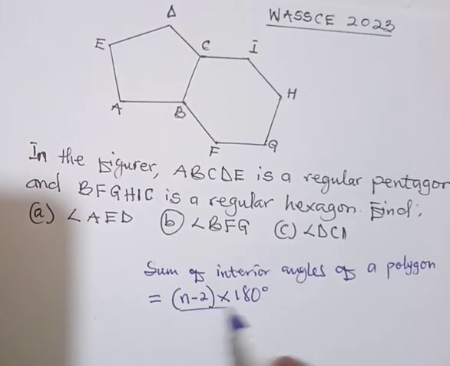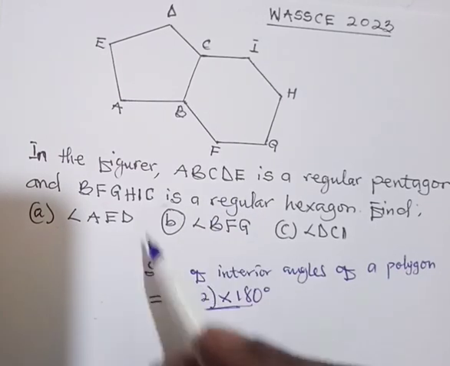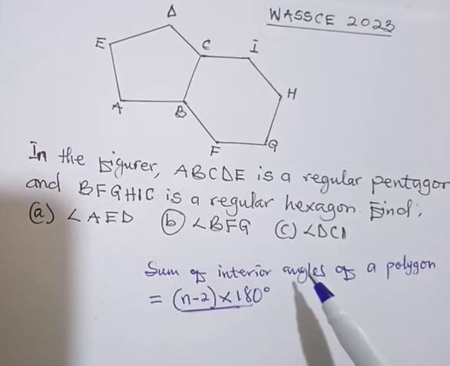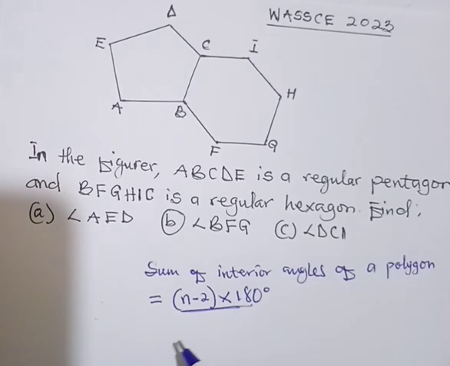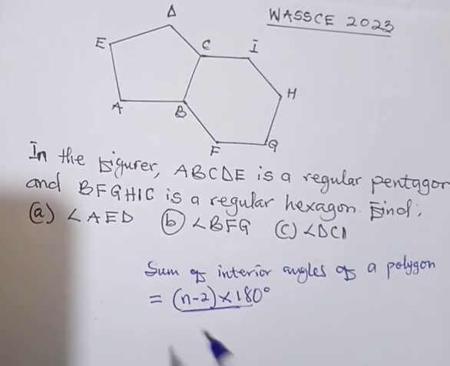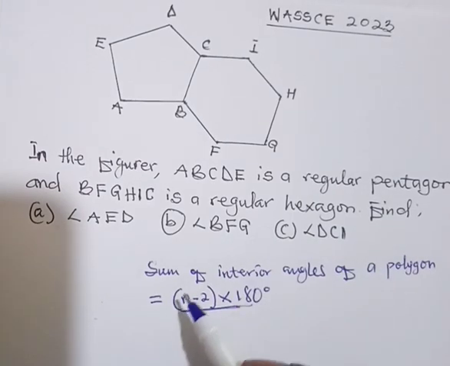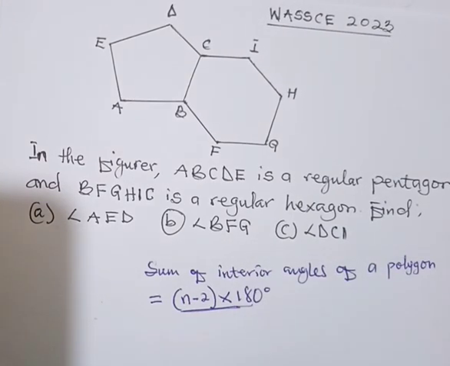This is what is used when you are asked to find the sum of interior angles of a given polygon. But how do we find each of the interior angles? This one is the sum, when you add all the angles. But let's look at when you're asked to find one of them.